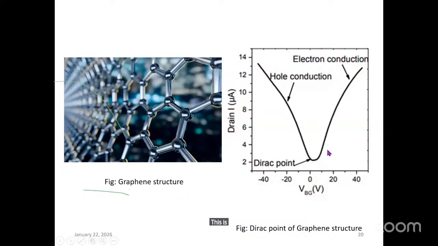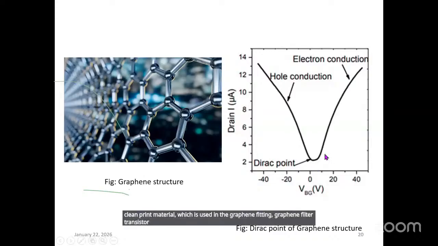This is the typical property of this graphene thin film material, which is used in the graphene FET, graphene field effect transistor. Like a MOSFET, it is a graphene MOSFET now.